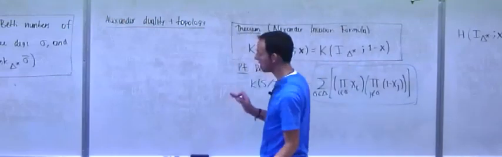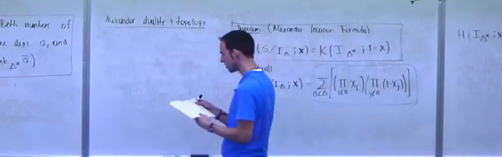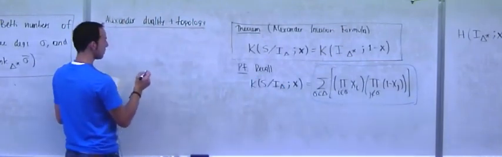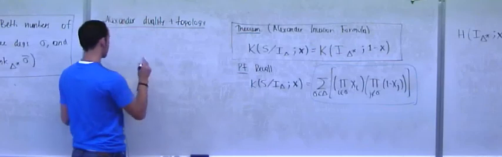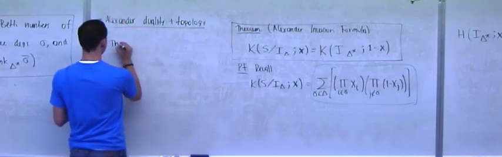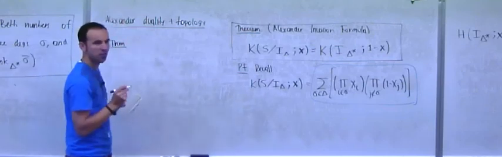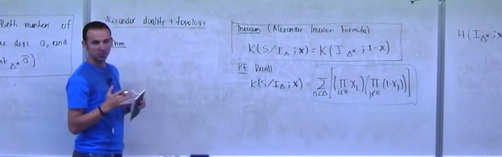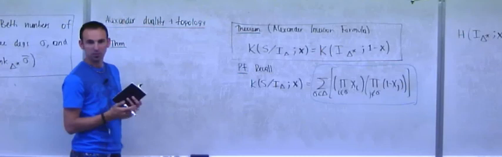So just to give you a general idea of what this says, let me write out a theorem, which is what is usually called the Alexander duality theorem. And what we're going to spend the rest of the class doing is kind of unraveling what this means.